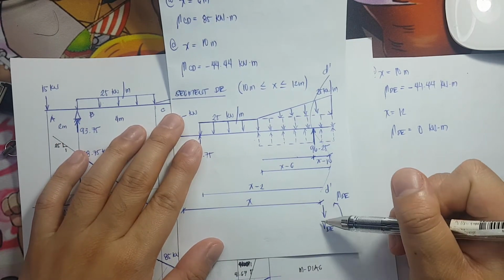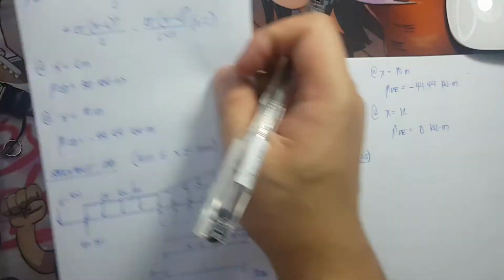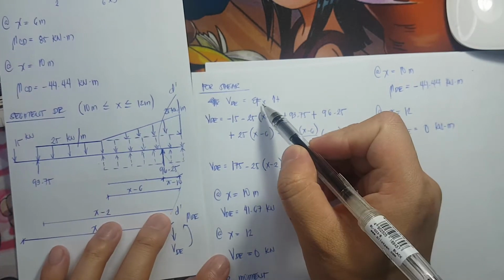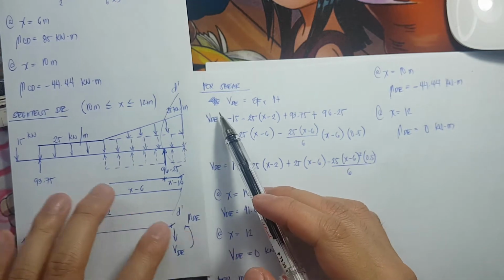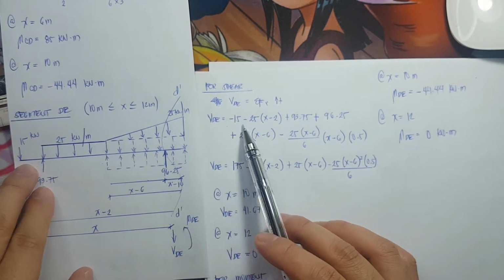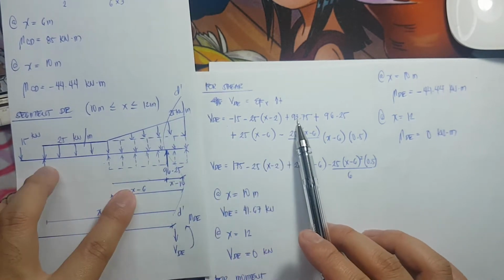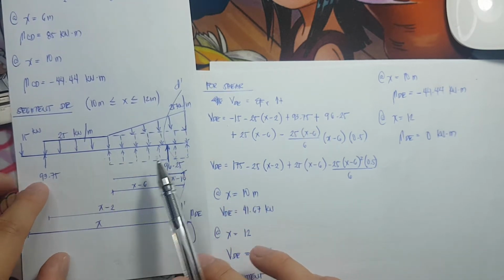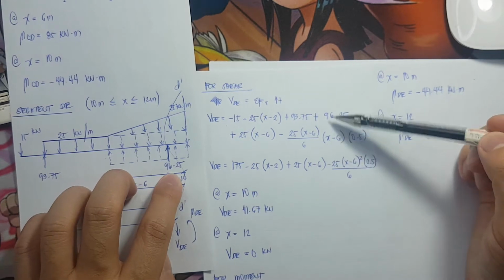Then, I have here my shear DE and moment DE. Okay. So, for shear, summation of forces vertical, all forces that are pointing upwards are positive. So, shear DE is equivalent to negative 15 minus 25 times a span of X minus 2 plus 93.75 plus 96.25.